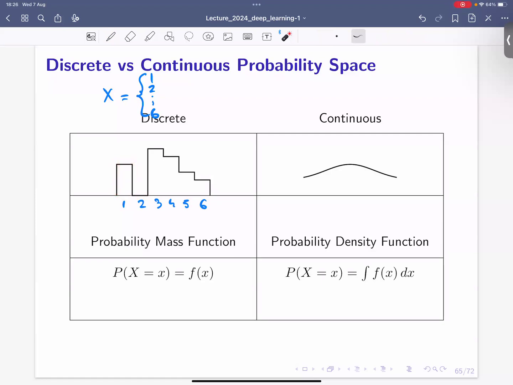This is what's called the probability mass function. It tells you the probability of x being equal to 1, the probability of x being equal to 2, and so on. In the discrete case, the probability of the random variable x being equal to small x is defined by a function f of x. Let's now look at the case on the right-hand side, where you have something continuous.